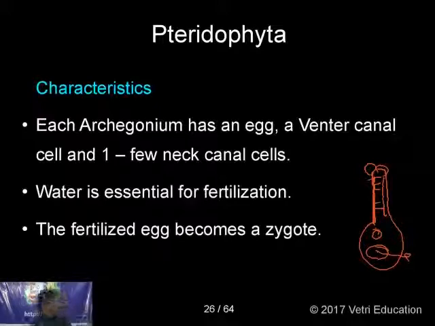The male gametes enter the archegonium and fuse with the egg. In the meantime, the venter canal cell and the neck canal cells disintegrate and leave a canal. A number of male gametes enter it, and finally one male gamete fuses with the egg and forms a diploid zygote. The fertilized egg becomes the zygote.